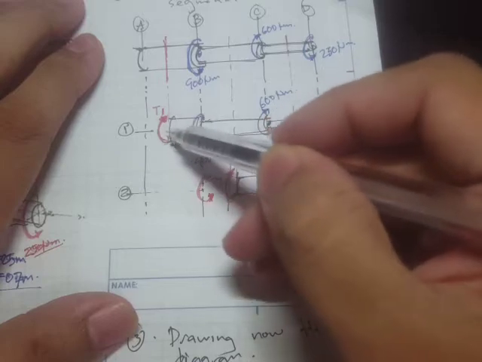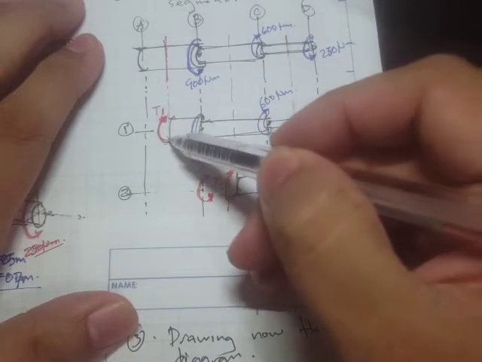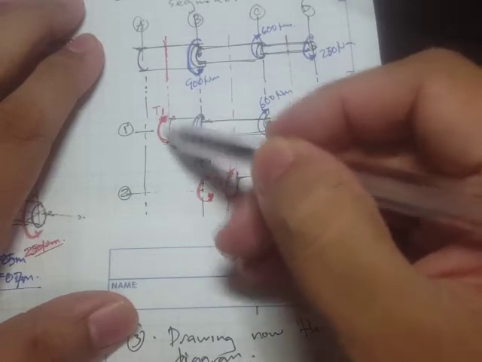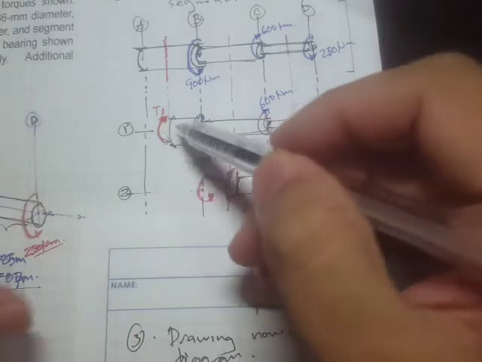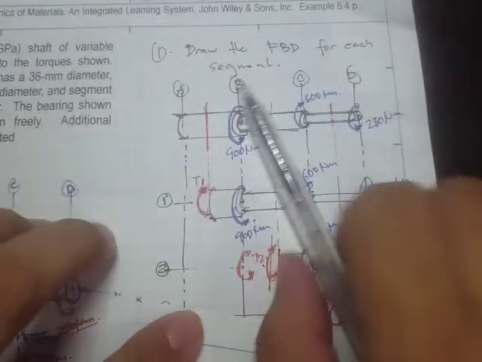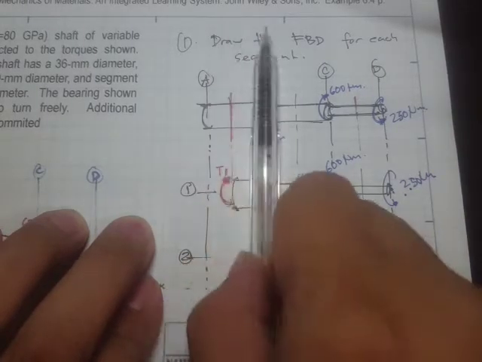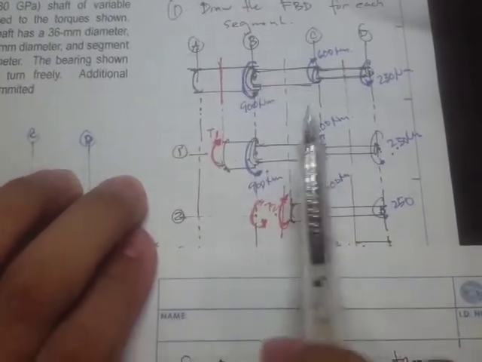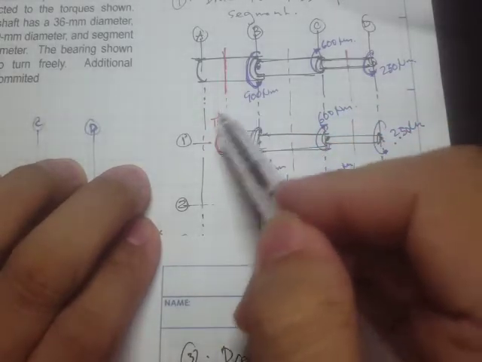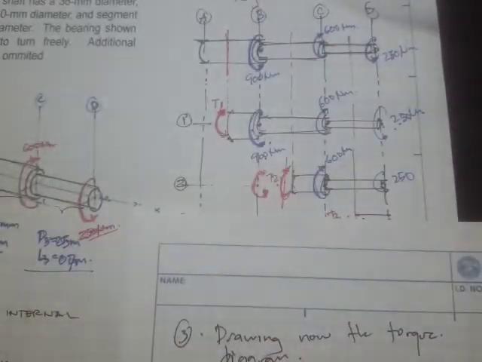Because we only have these concentrated torques right here. That means that anywhere you cut the section in this segment 1, the value of the torque is simply equal to T sub 1.